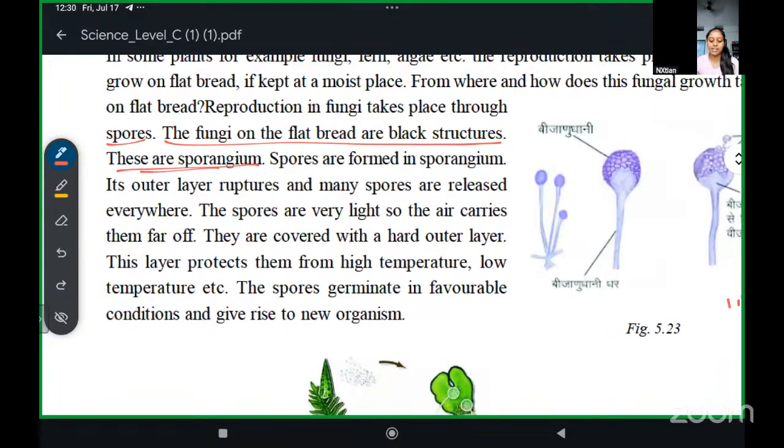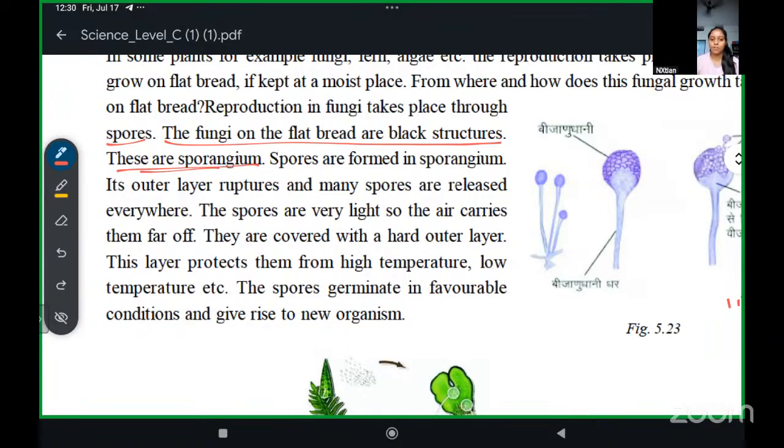When the outer layer ruptures, many spores are released everywhere. These spores are very light, so they are carried away in the air to far off places. They are covered with a hard outer layer that protects them from high and low temperatures. When they fall, if favorable conditions are there, meaning the correct temperature, water, and soil, they will form a new plant.